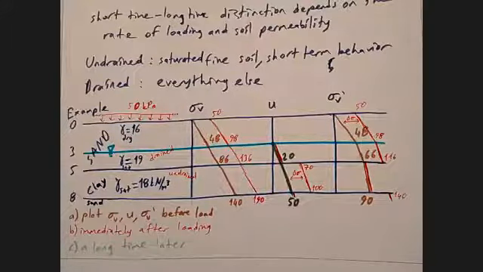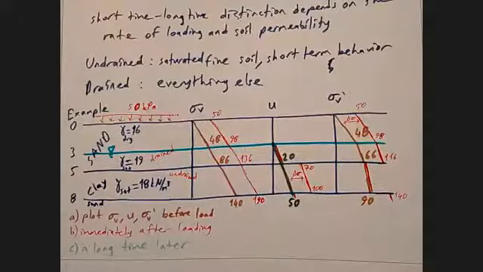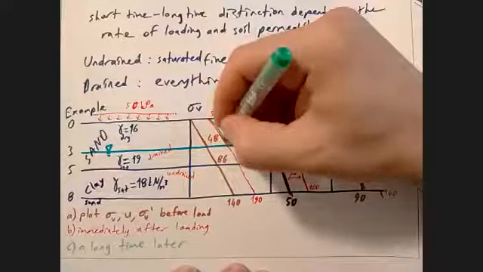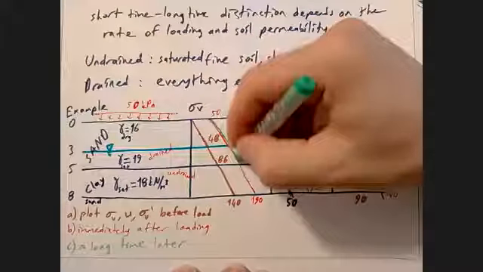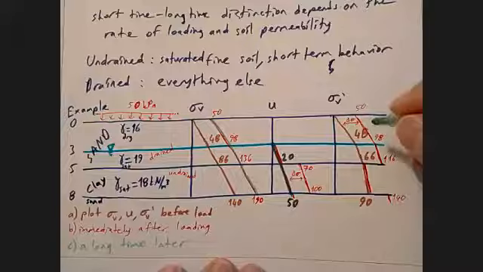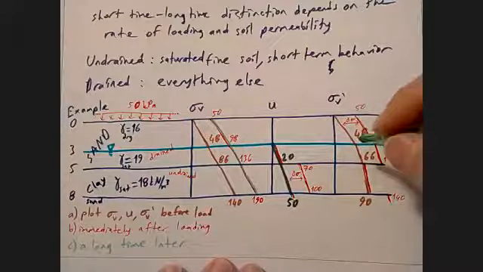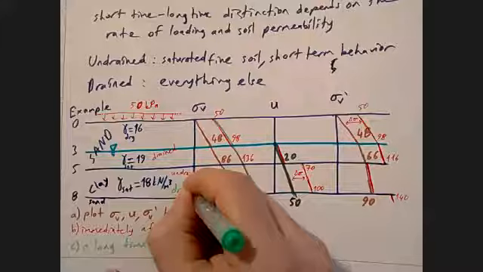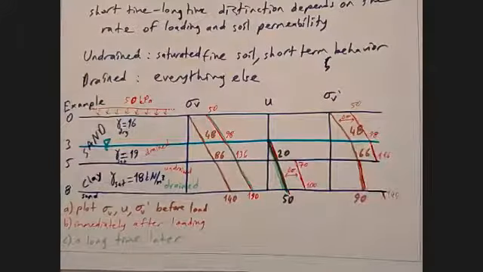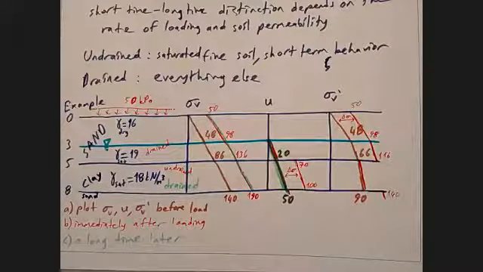Then what? Then a long time later, the weight of my soil layers and load didn't change over time. So a long time later, my total stresses are the same. A long time later, this also became drained. So everywhere I'm going to have the same initial pore water pressures of 20, 50 and so on.